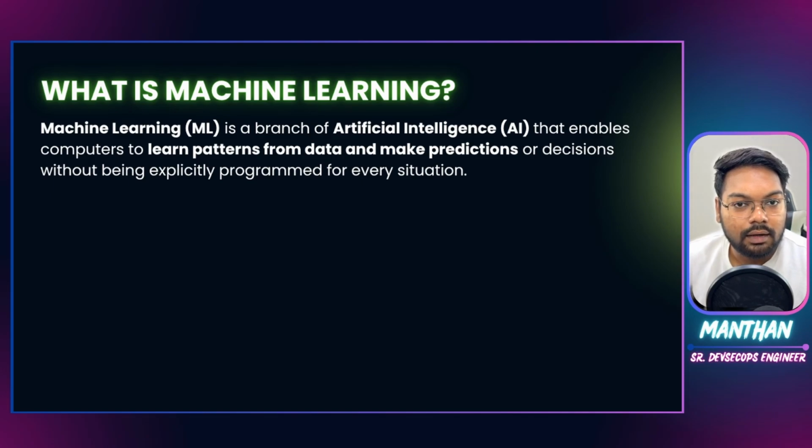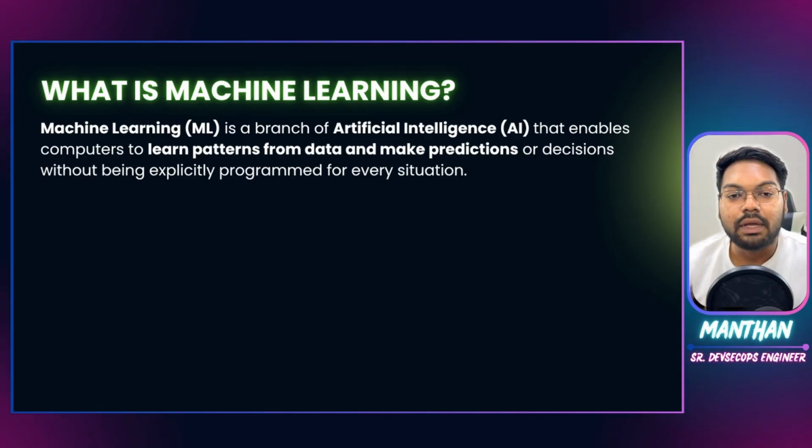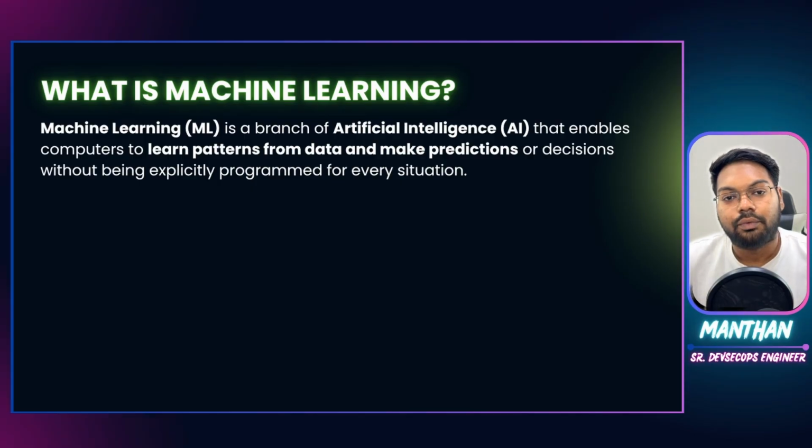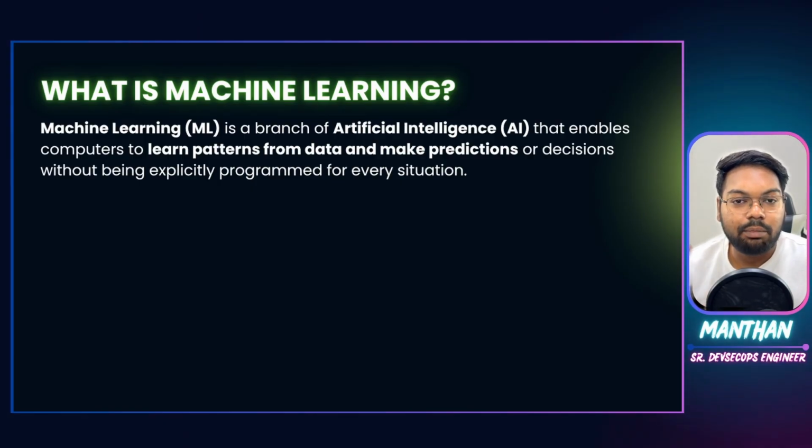You might have heard a lot about artificial intelligence these days. Artificial intelligence is something where we want to mimic the intelligence that humans have, but this intelligence is to be mimicked by a machine. So what artificial intelligence does is replicate what human capabilities can do.